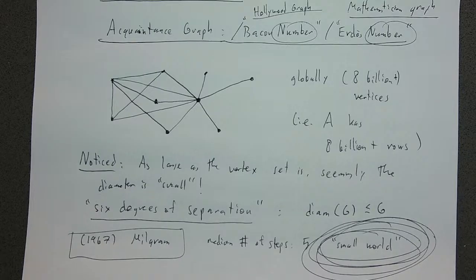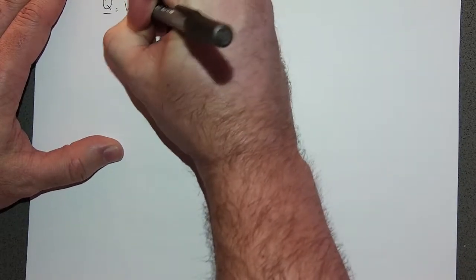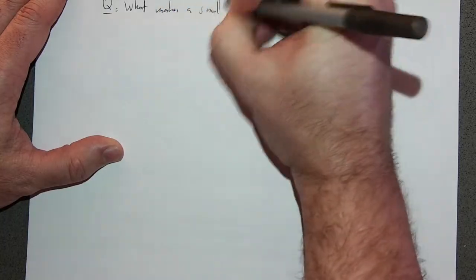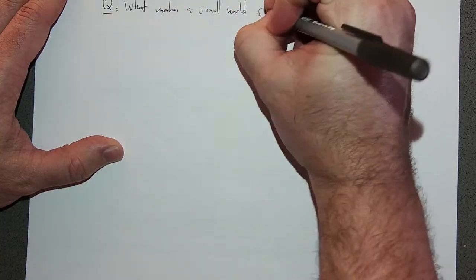Okay, and so what is it exactly that makes a small world small? I'm going to just very briefly go over these things. It's fine if you're a little bit confused on these things. I just wanted to put these quantities down so that I can say what it is that's going on here. So the question is, what makes a small world small?